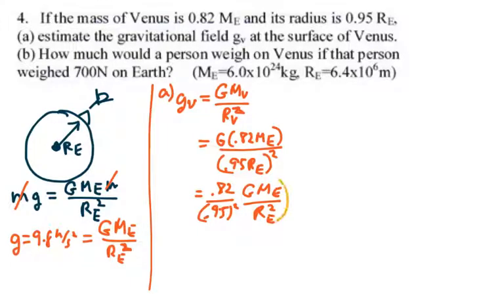All this stuff is just the g of 9.8 meters per second squared that we know and love.